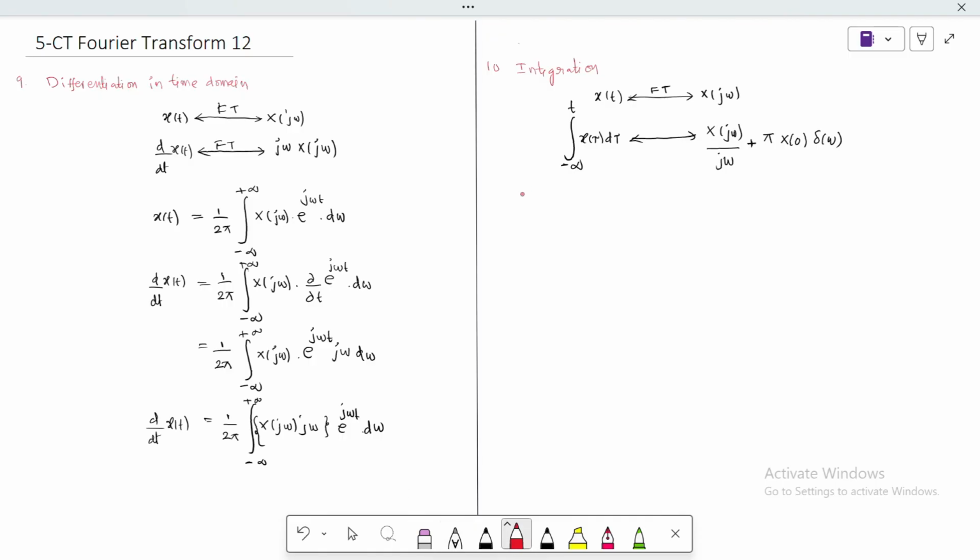The next property: differentiation in the frequency domain.